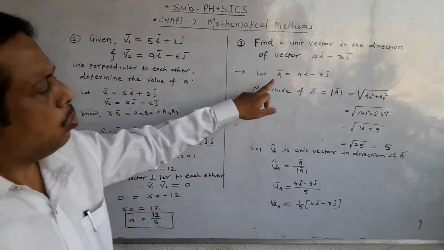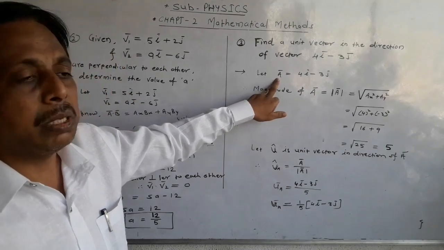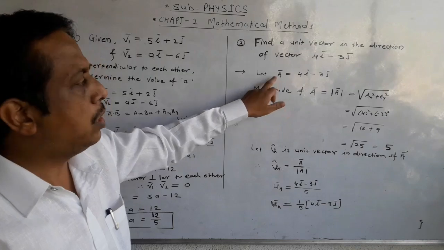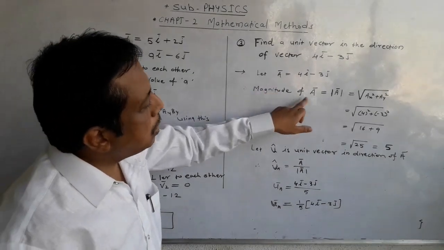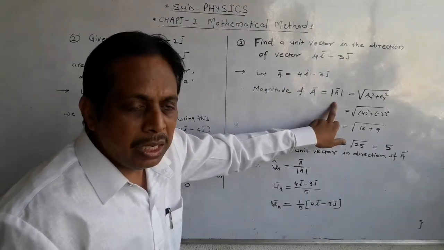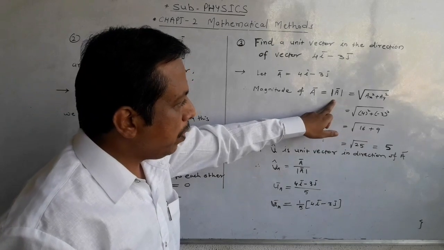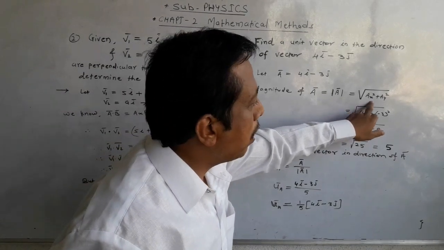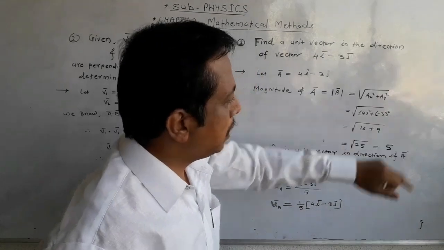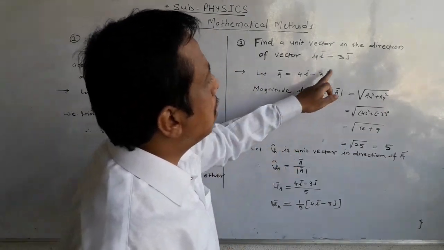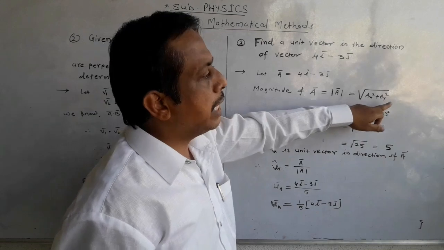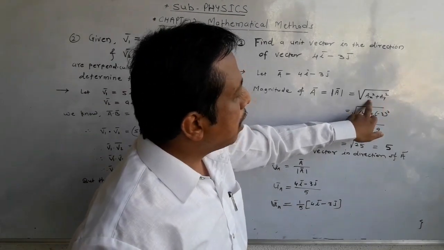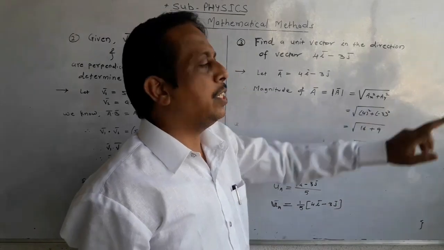Then we first have to understand what is meant by the magnitude of this given vector. The magnitude of this a bar is nothing but the mod of a bar, and it can be found as the square root of ax square plus ay square plus az square, where k is the unit vector along the z-axis.